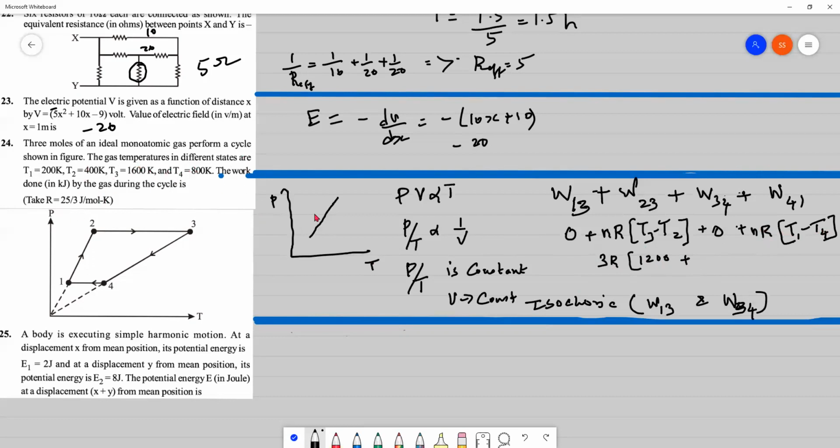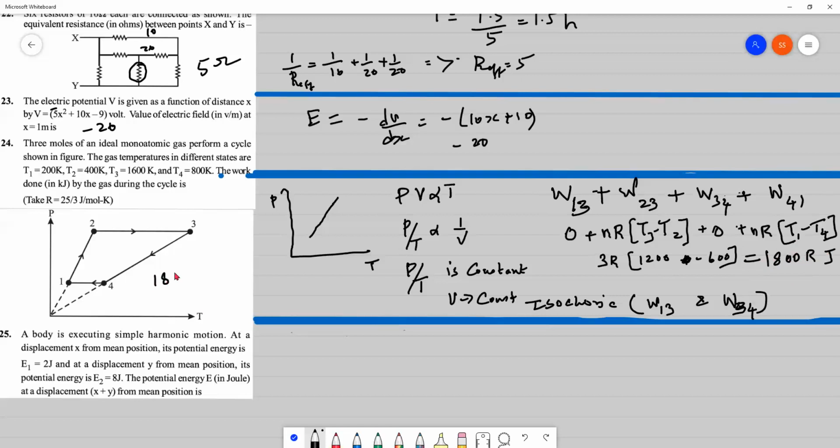This gives you minus 600. So 600 into 3 is 1800 R. You multiply by R is equal to 8.33 and you will get the answer. So 1800 into 8.33 joules. So that is the answer for this one.